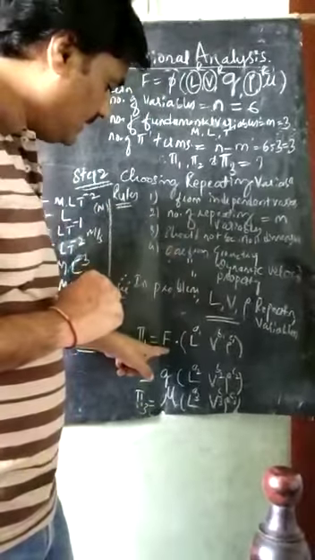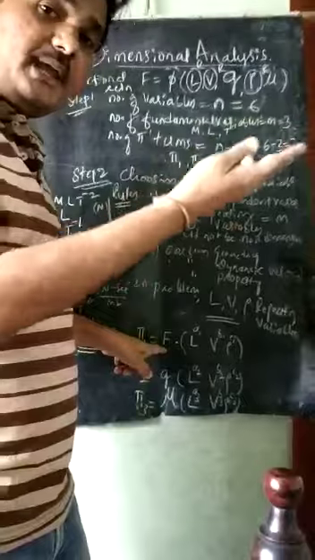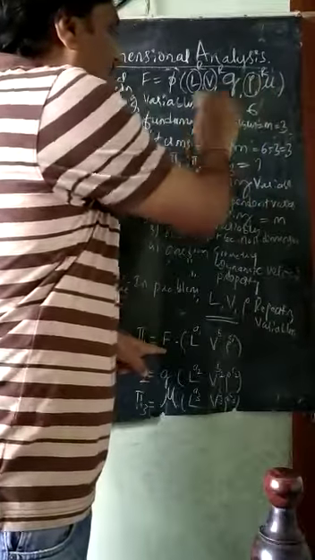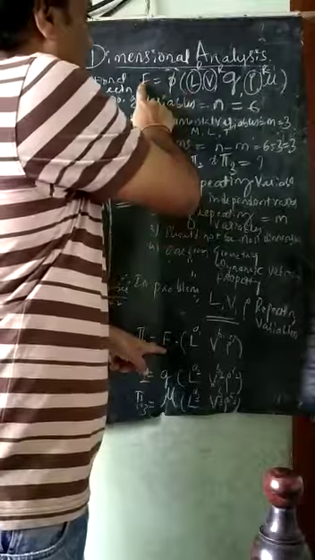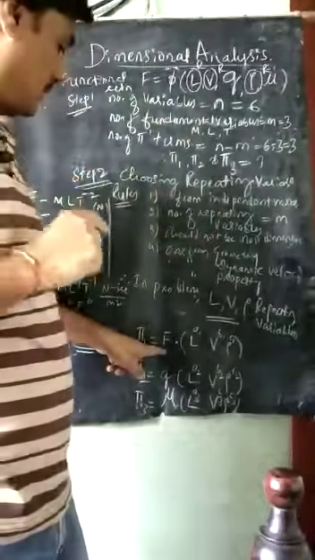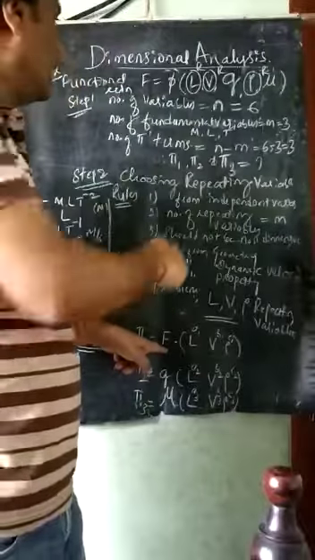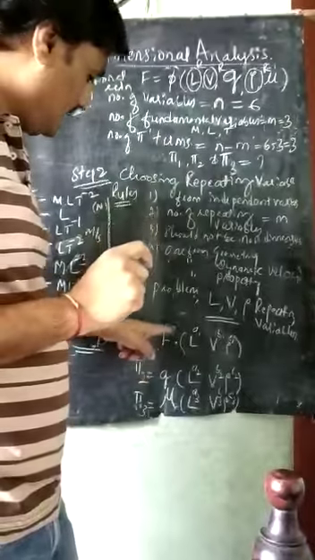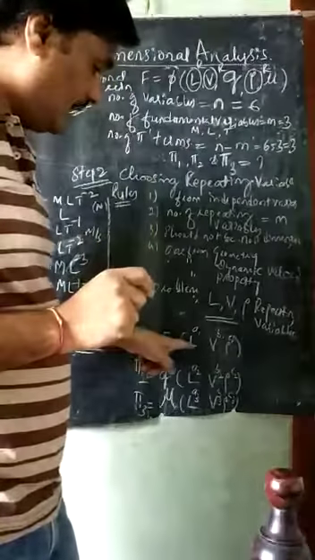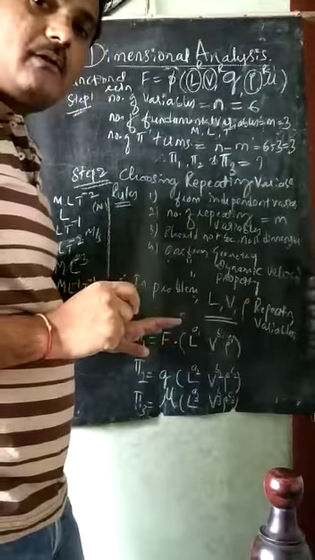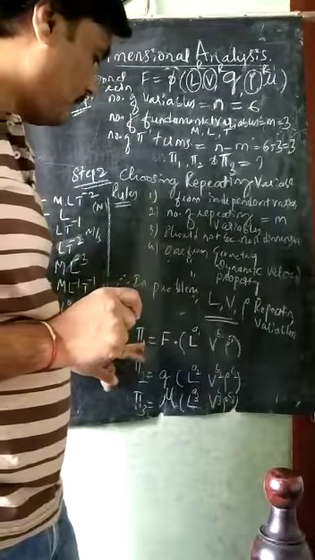Then the other three remaining variables are F, G and mu, and one by one we have to take them. For pi 1 I will take the force F. So F, L, V, rho will become the functional relationship for pi 1.